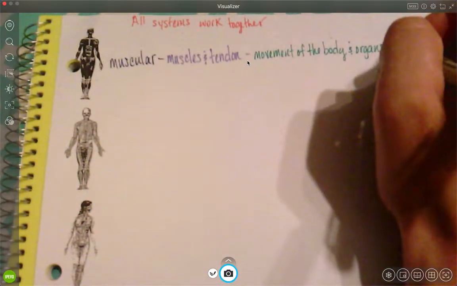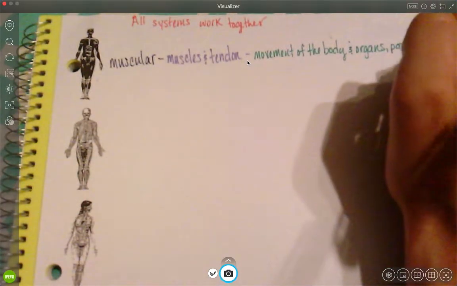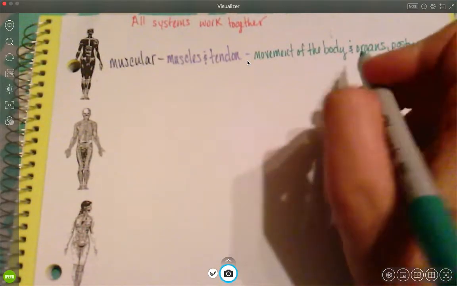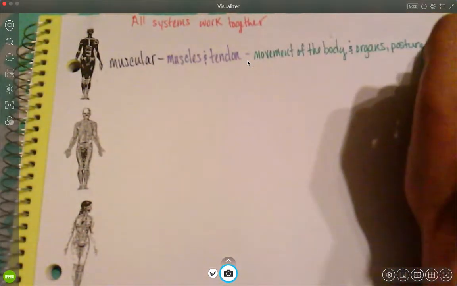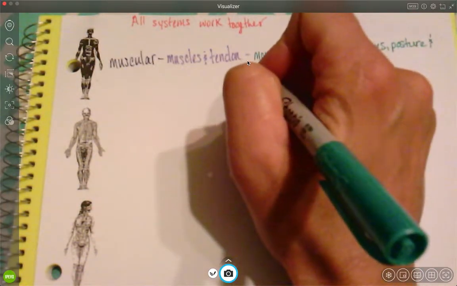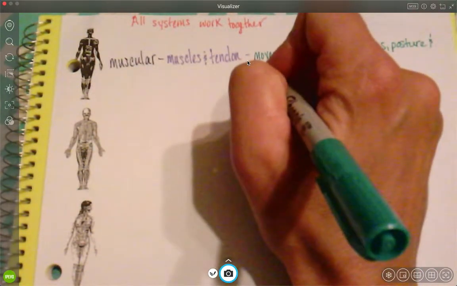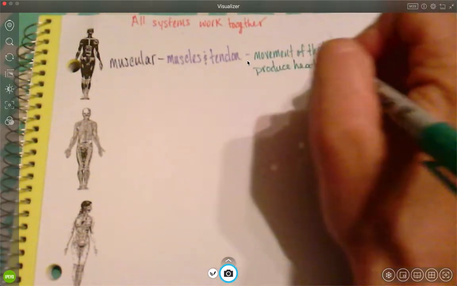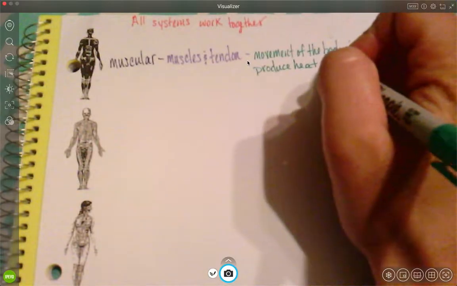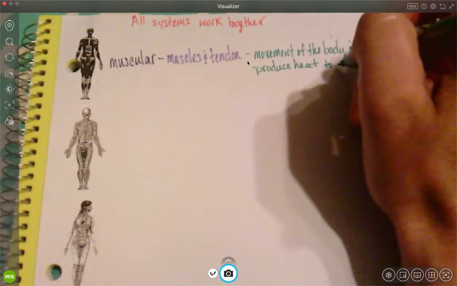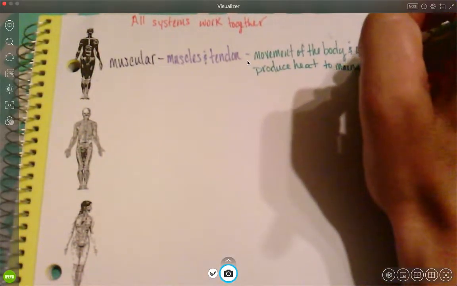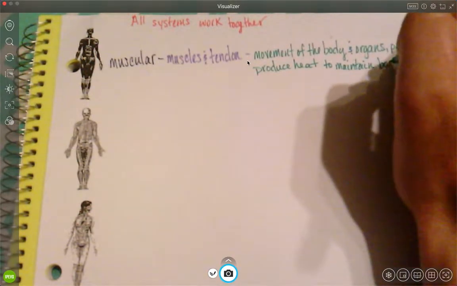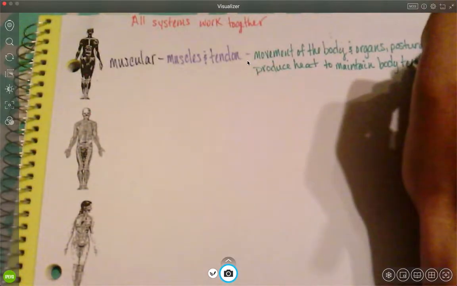Another function is going to be posture, your abs and your back. And then we're going to put an and, produce heat to maintain body temp.